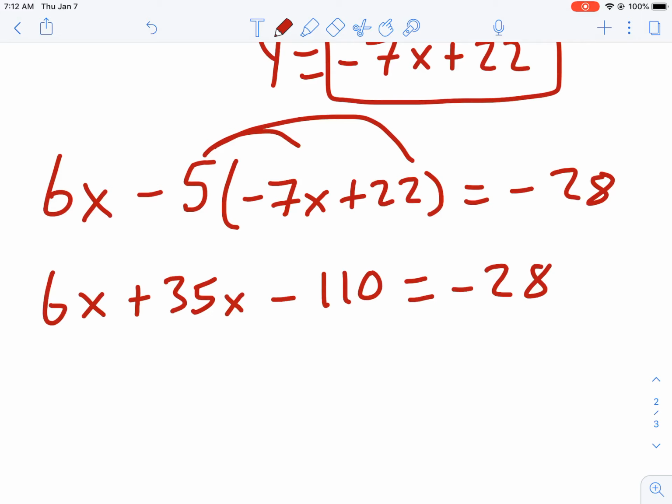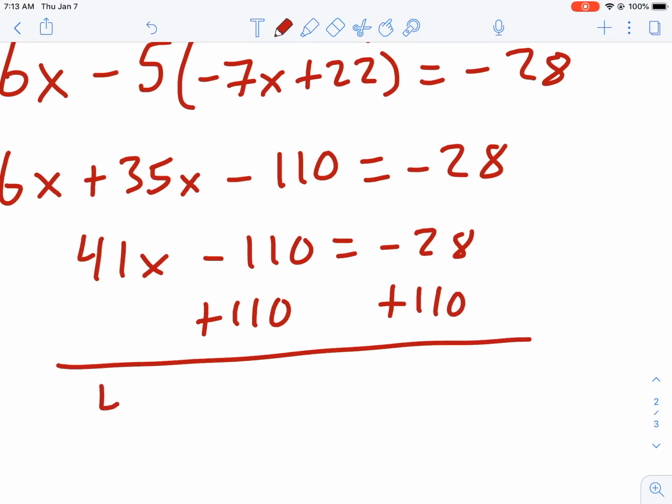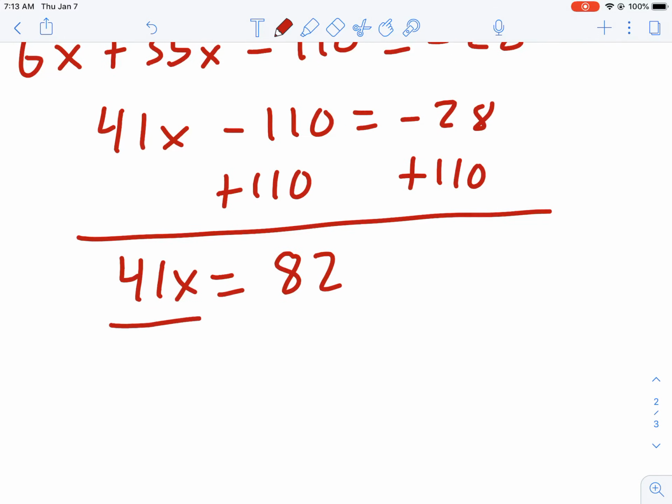Combine like terms, 6x plus 35x, that's 41x. Add 110 on both sides. So we got 41x equals 90 minus 8, 82. So this is going to be divided by 41. This is going to be x equals 2 here.